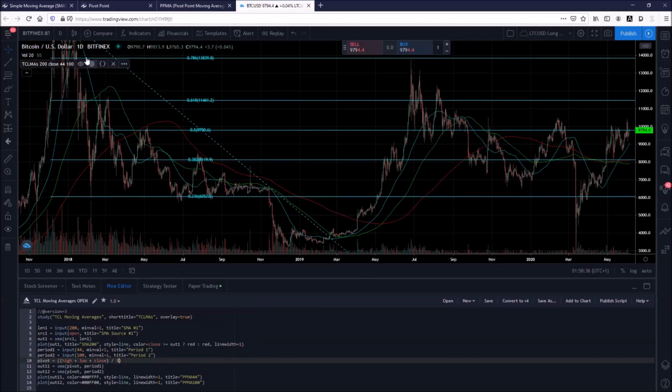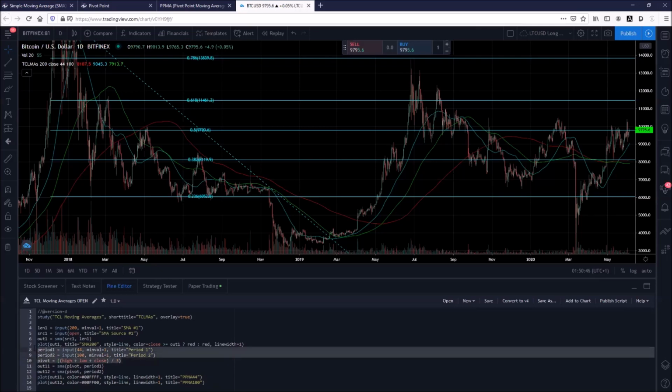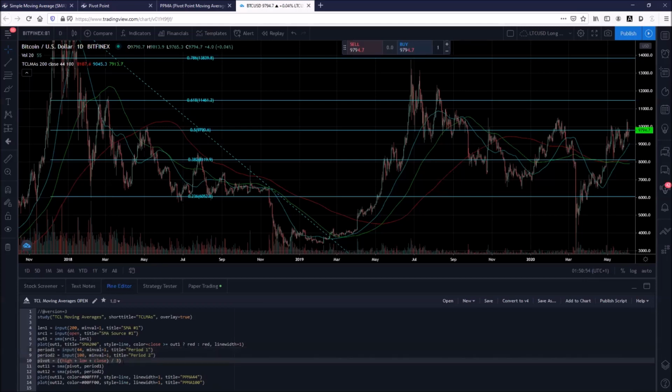What you need to know about the 44 and the 100 is that if you can't remember, it's right here. It tells you in the title, pivot point moving average. And if you're not sure, you can see that right here, this period 1 and 2 both have a pivot, high, low, close, divided by 3. You now know that a pivot point moving average is taking those 3 values and dividing by 3.